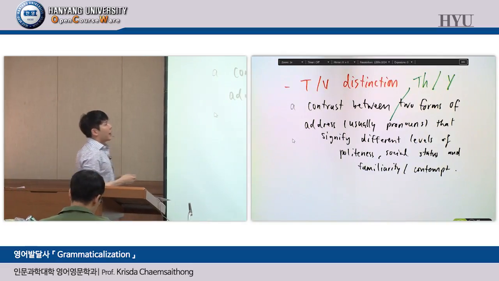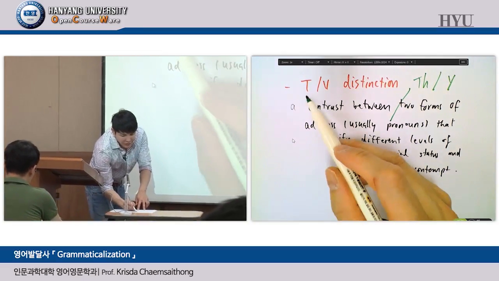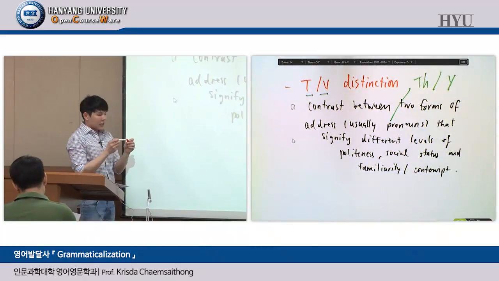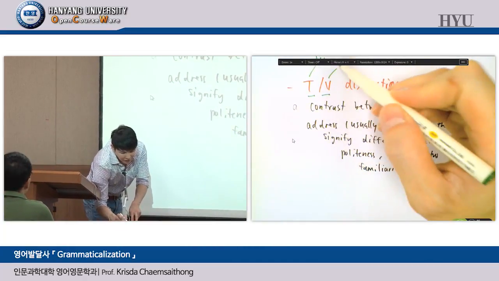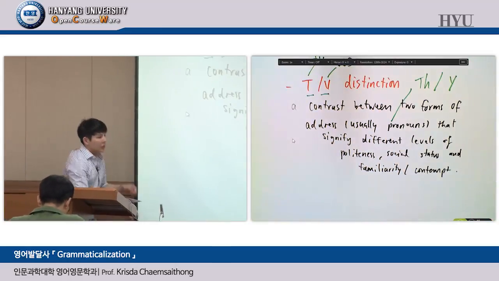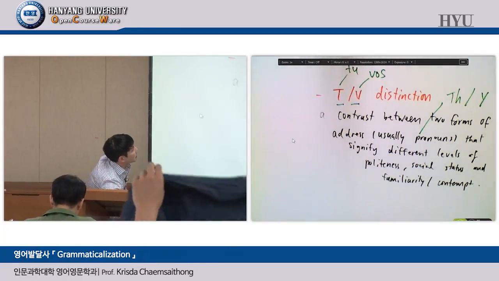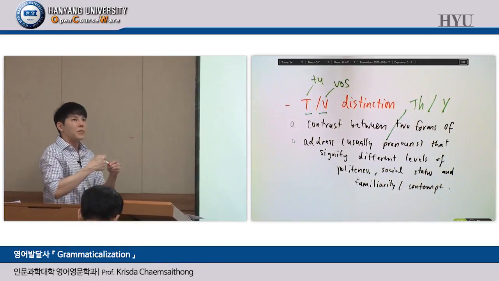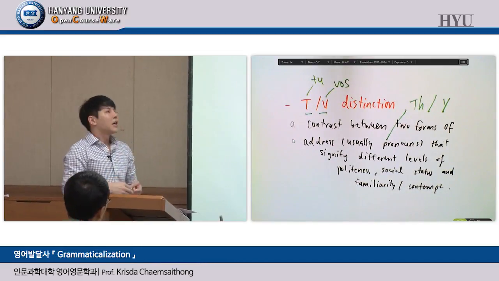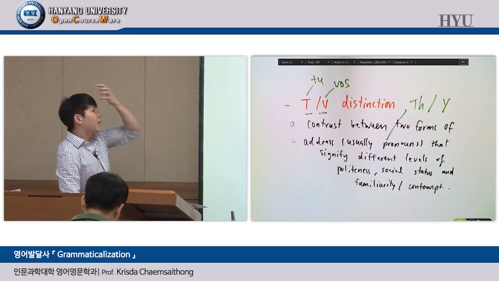The reason why it's called the TV is because T is in Latin tu, and V is vos. So the V form is more polite, and the T form is more casual and more familiar.